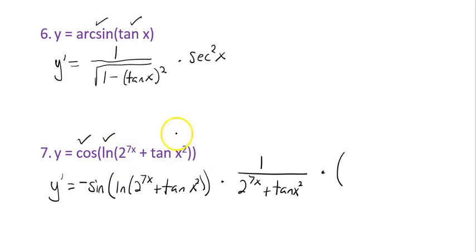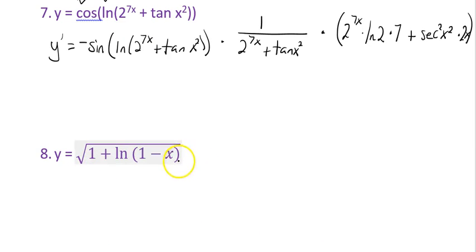So the derivative of 2 to the 7x would be 2 to the 7x times the natural log of 2 times 7, because that's an exponential with a chain. And then the derivative of tangent of x squared, derivative of tangent is secant squared, but I still have an x squared at that point, and then I'll multiply by the inside, which is the derivative of x squared is 2x.